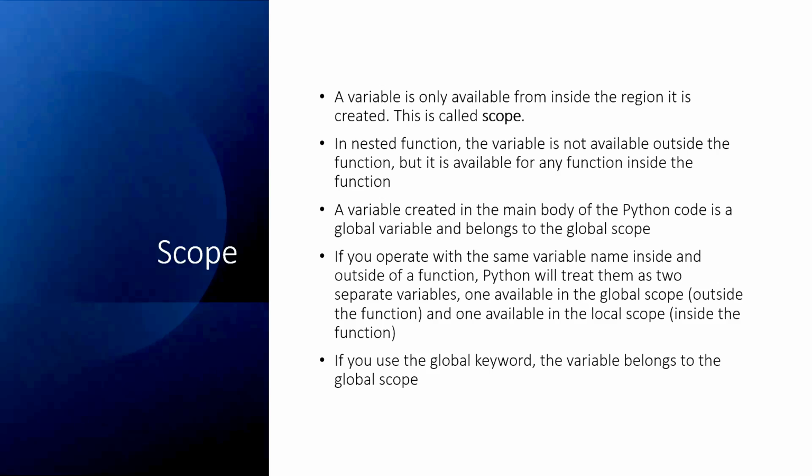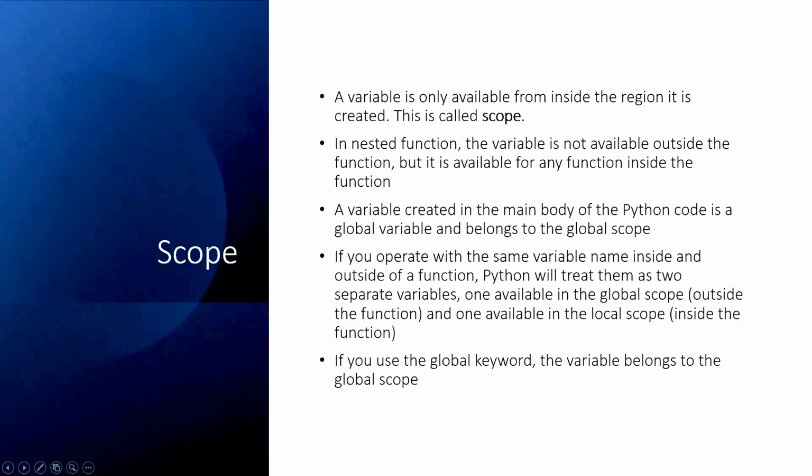Now, in a nested scope, the variable is not available outside the function, but is available for any function inside it. So let's assume you have defined a function, and you have a nested function, a function inside a function. If you define a variable in the first function, the main function, that variable will be available for all the functions inside that function, but it won't be available outside that function.